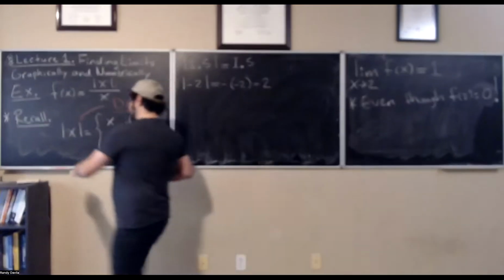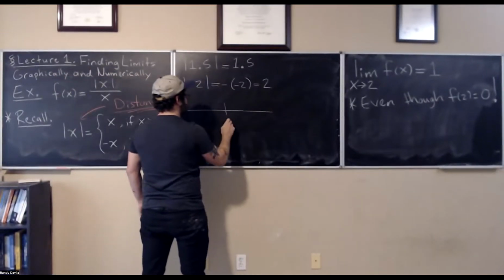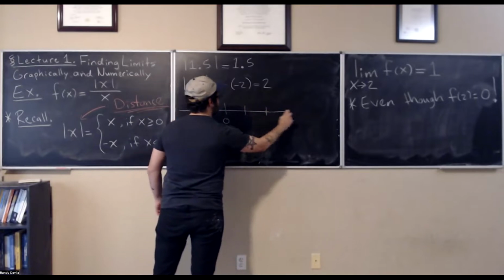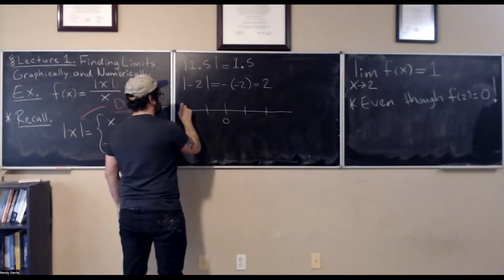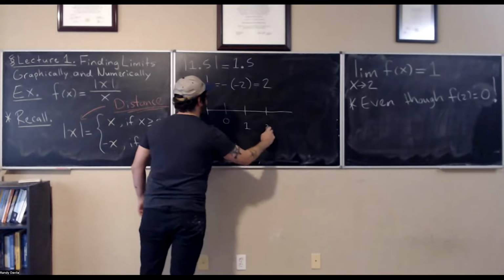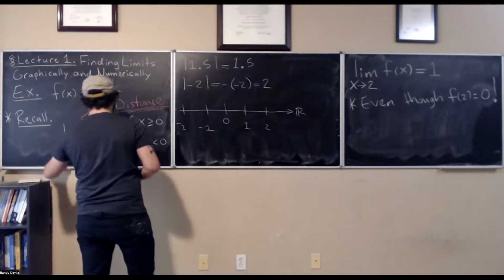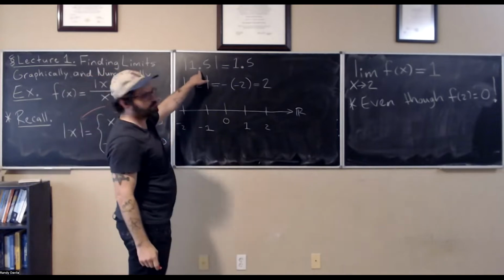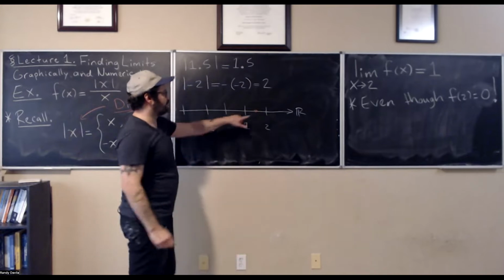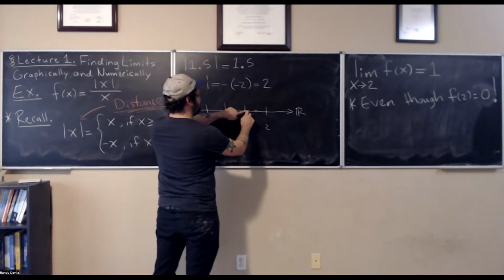What do I mean by that? So here's 0, 1, 2, -1, -2. The real number line. Let's look at 1.5 right here. How far away is 1.5 from 0? 1 plus 0.5.